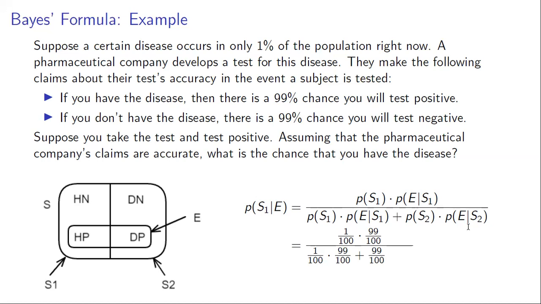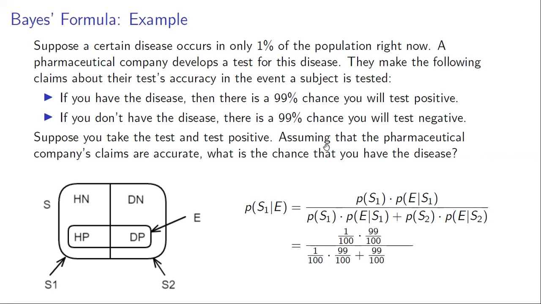So what's the probability that I will test positive given that I don't have the disease? Well, the company told us if you don't have the disease, there's a 99% chance you will test negative. So again, the probability of E given S2.